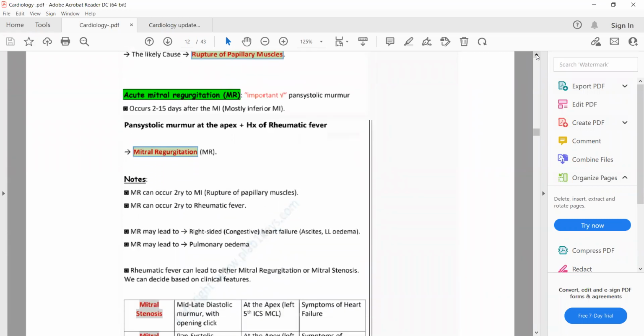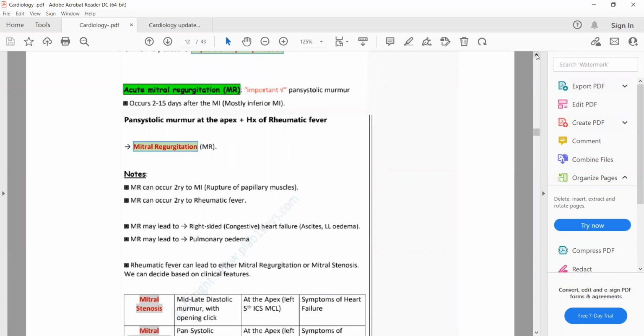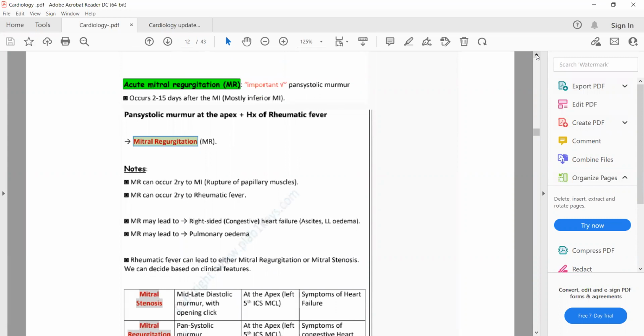Remember that mitral regurgitation can occur secondary to MI, and it can also occur secondary to rheumatic fever.